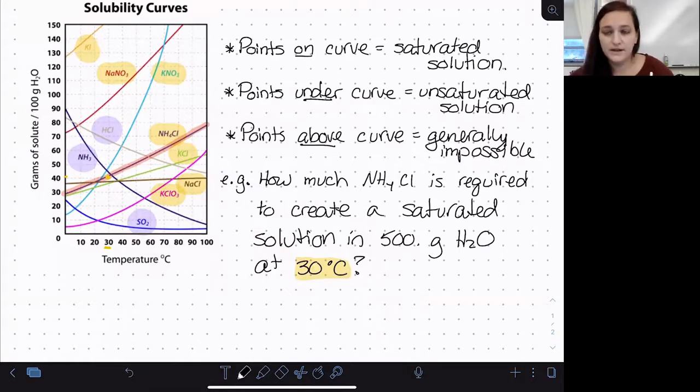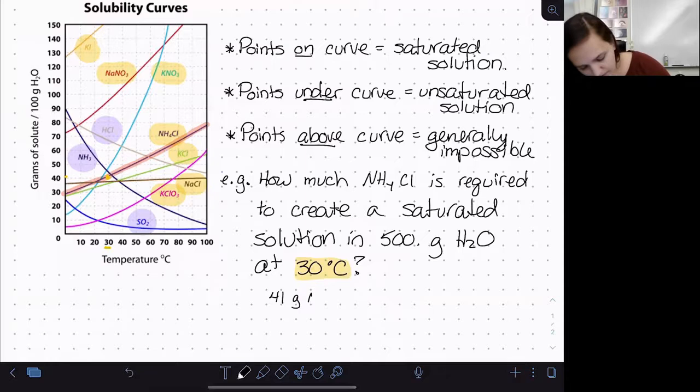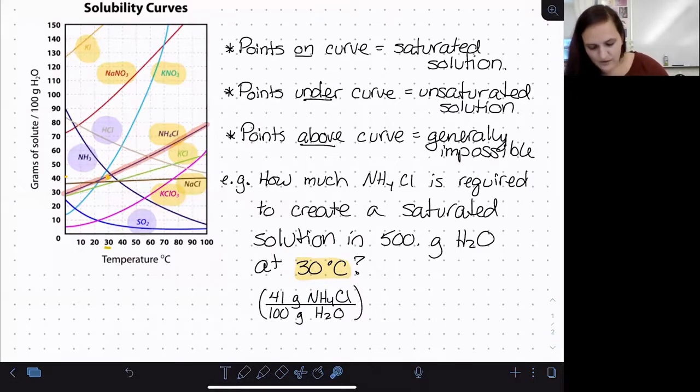So what the graph is telling us is that at 30 degrees Celsius, I can dissolve 41 grams of ammonium chloride in 100 grams of water. So the problem here asks us about doing this in 500 grams of water. So there are a couple different ways that you can think about this. First is that the ratio is going to stay the same.